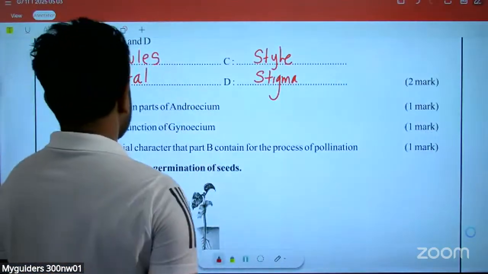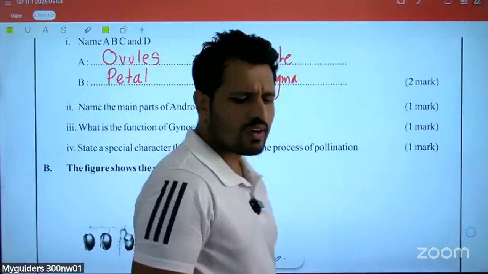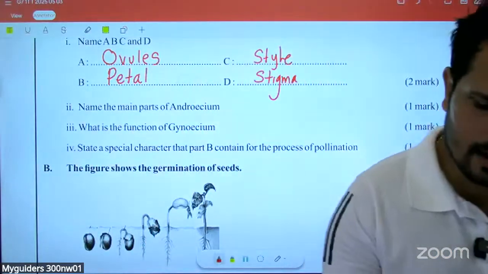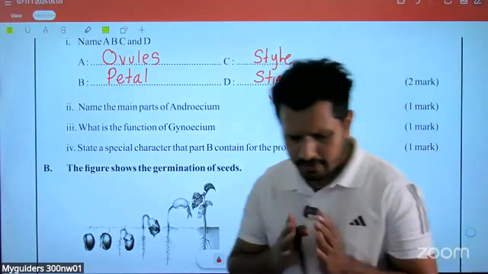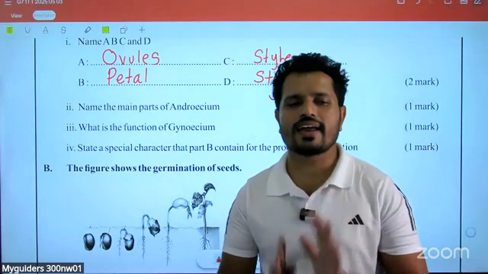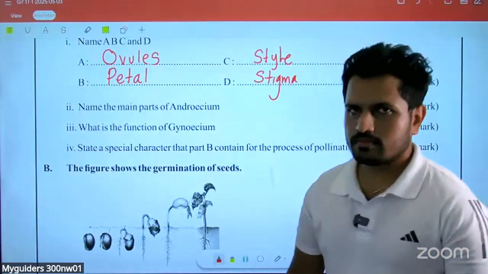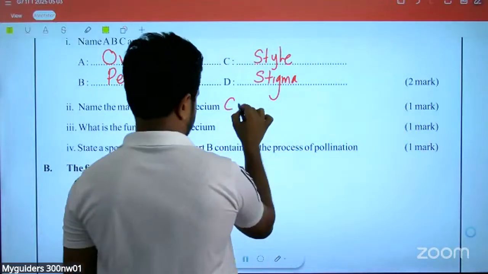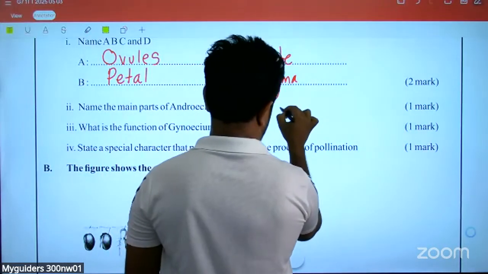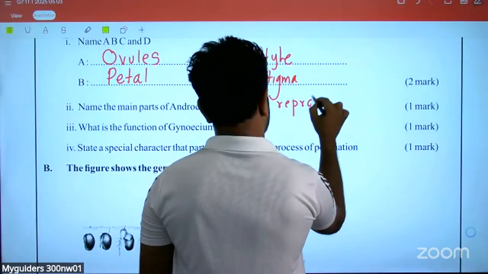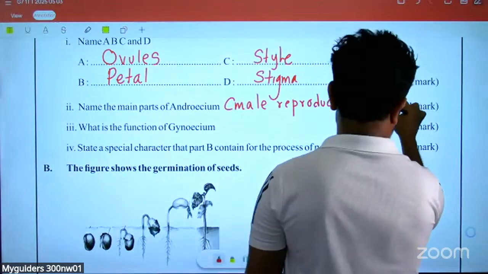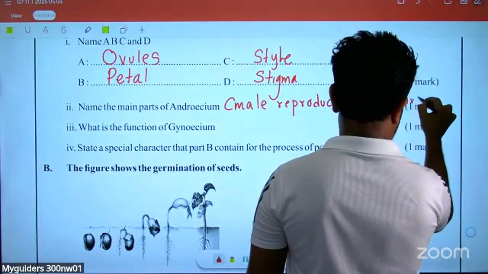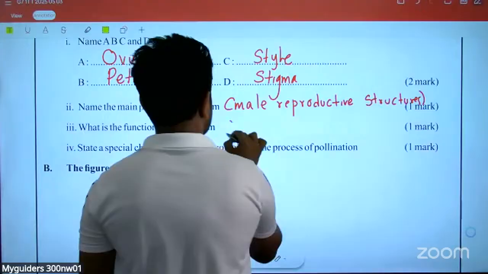Right, then name the main parts of androecium. So what is the androecium, Puti? Androecium is the male part of a flower. So the male reproductive structures of a flower we call androecium. And here the female reproductive structures.